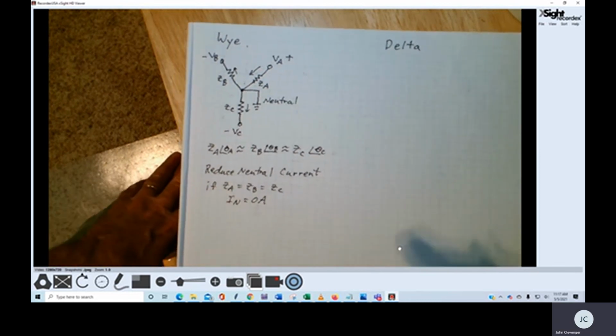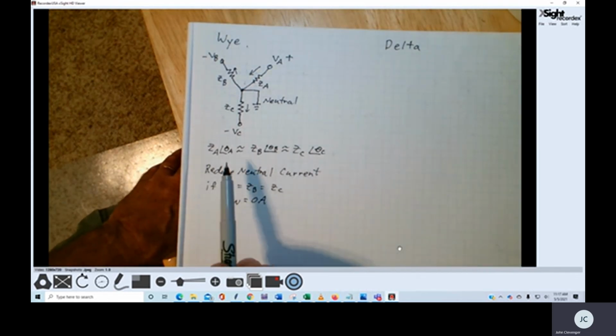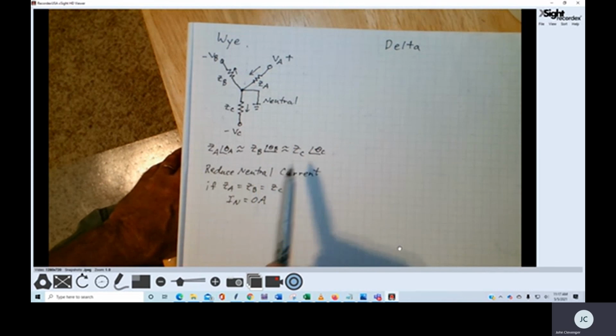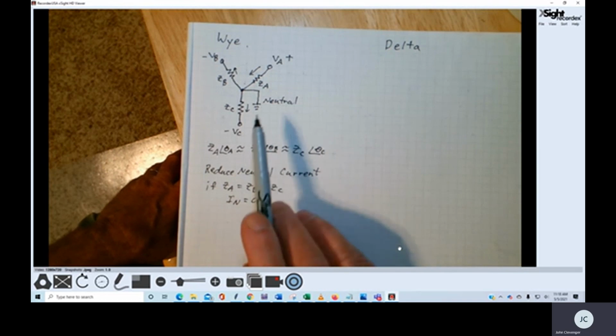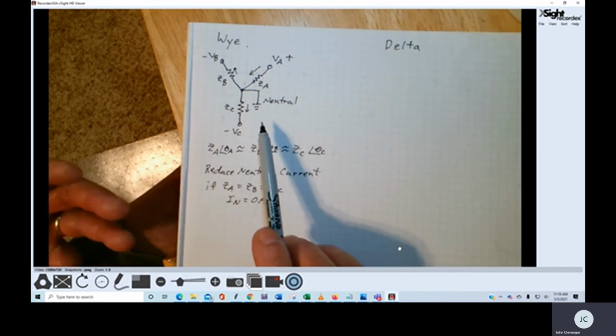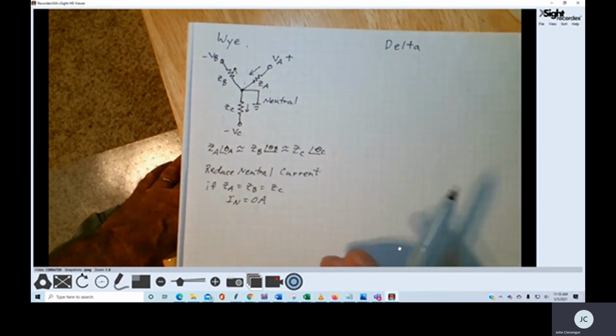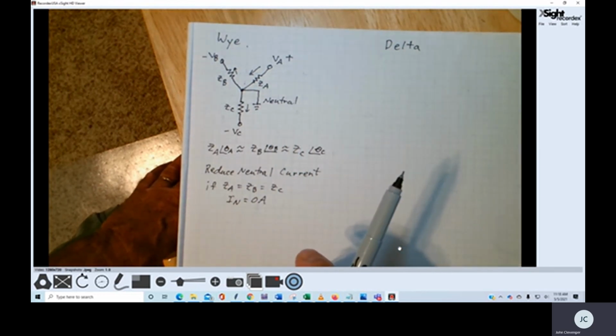So it's important in the design of our Y system, again, to try to match these impedances, ZA, ZB, and ZC, not only in magnitude, but in phase angle to reduce the neutral current, because the larger the current, the larger the cable has to be. So we want to minimize, if possible, the size of the neutral.